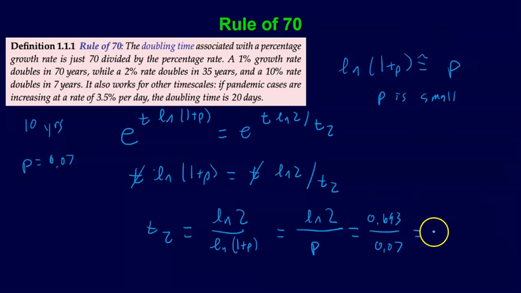And so when I did this, I got 9.9 as the number of years that we're talking about there. And so again, this is how you derive that rule of 70. So it's basically whatever your percentage rate here is divided by this over here. And again, like we said in our example, this leads to a doubling time of 10 years.